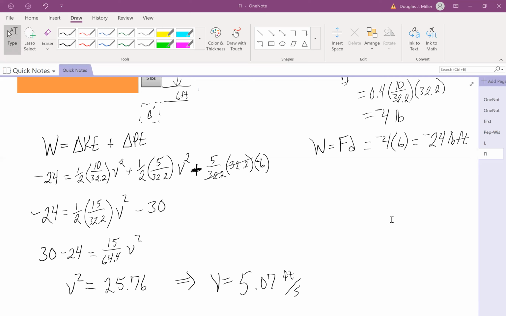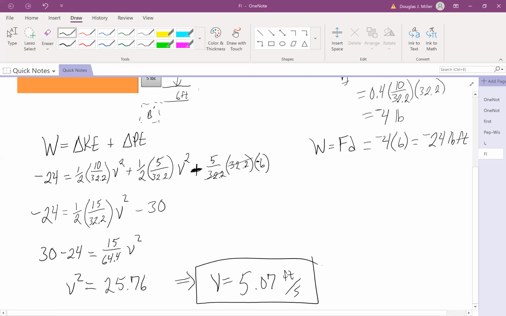That is the speed that A is moving with to the right. That is also the speed that B is moving downward with at the instant shown. And so we can observe that this is our value. I'll go to 4 significant figures, 5.075 feet per second.